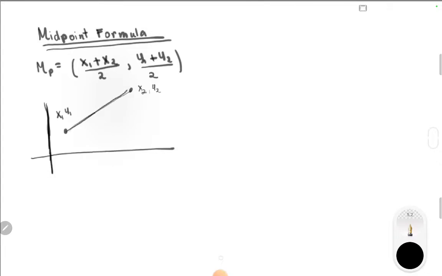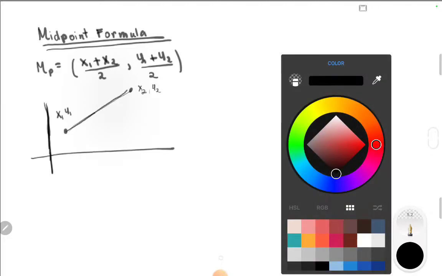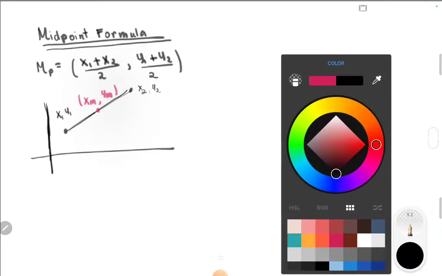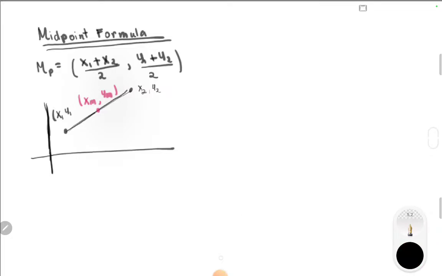Okay, in which we will get the midpoint, wherein I would refer my midpoint as my xm ym.